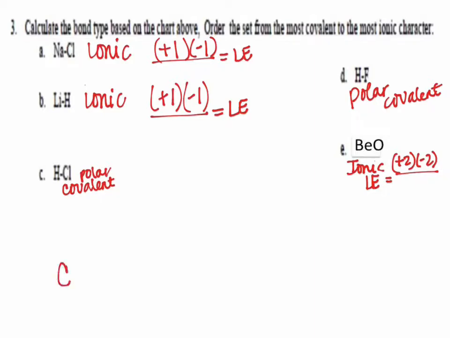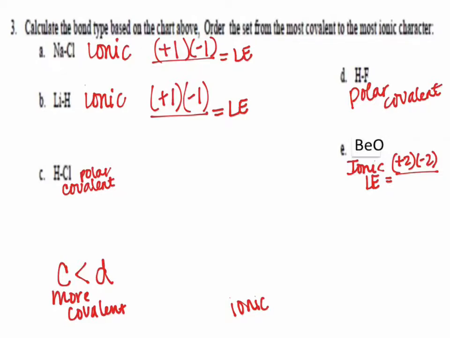So C, I'm going to put here that it's more covalent, and we're going up to ionic character. It's greater than D.